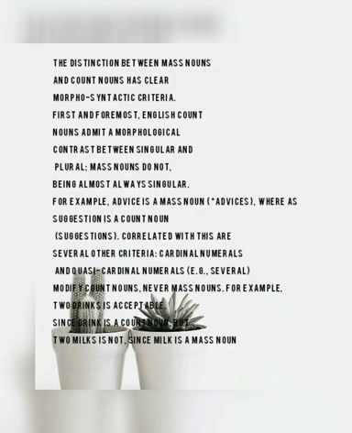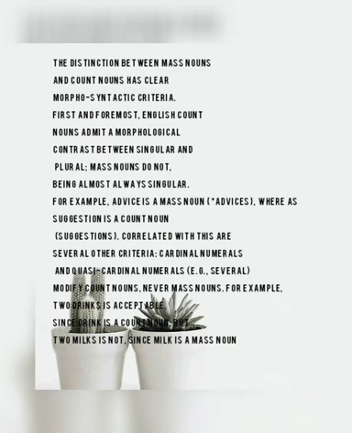The distinction between mass noun and count noun has clear morphosyntactic criteria. First and foremost, English count nouns admit a morphological contrast between singular and plural. Mass nouns do not, being almost always singular. For example, advice is a mass noun, whereas suggestion is a count noun.